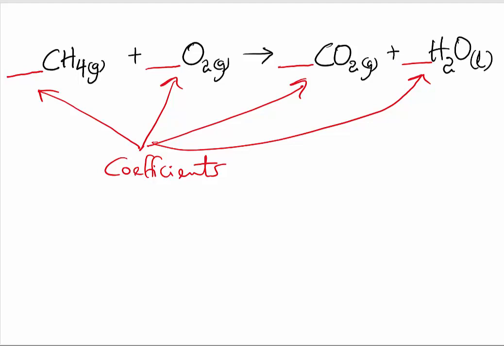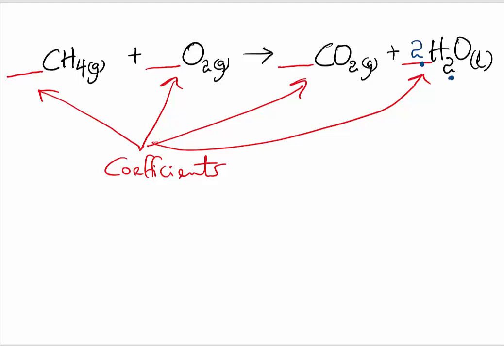If we place 2 right here in front of H2O, now we have 4 hydrogen atoms because 2 multiplied by 2 will give us 4. And that is exactly equal to what we have on the reactant side. We have 4 hydrogen.